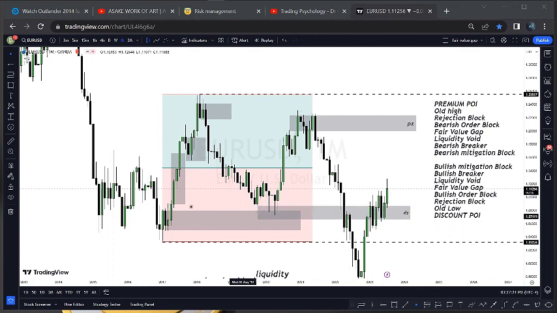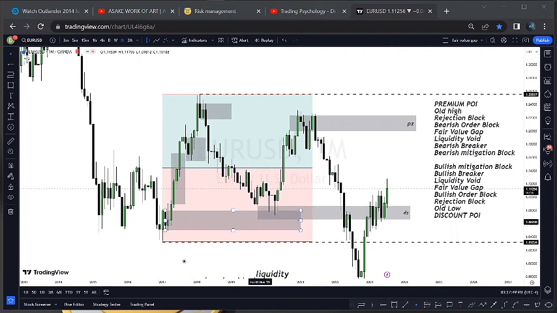Now, just having that narrative of I want to buy is not enough for you to enter a trade. You need to have a reason why this market will actually support your analysis and buy. Like I said, we're on the monthly time frame. So we have the liquidity void, we have the bullish order block here.